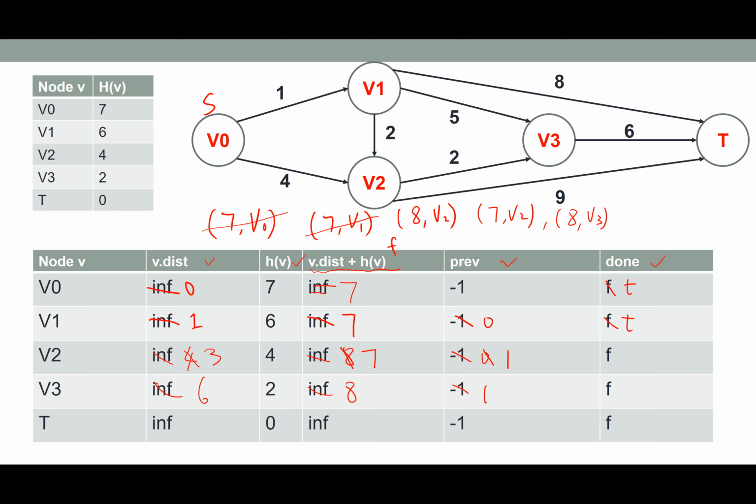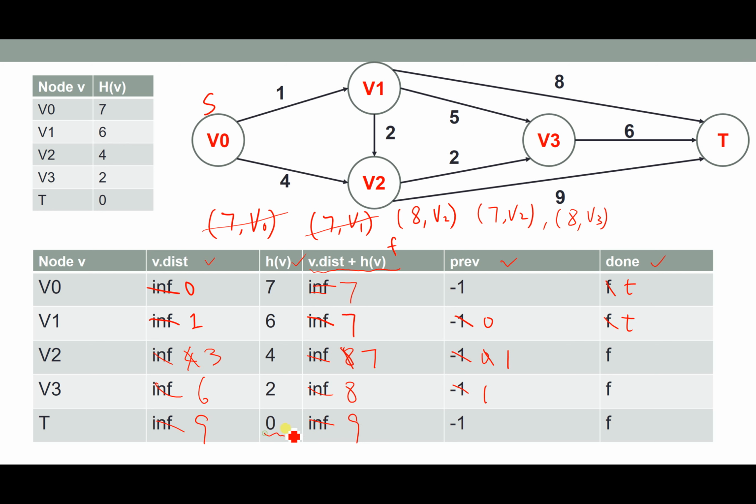We also have t. This is our target. You only say you've reached the target when you pop a node with the target in there. That's when you say the search is done. Right now, we are looking at v1. So it's 1 plus 8, which is 9 in here. 9 plus 0, which is 0.